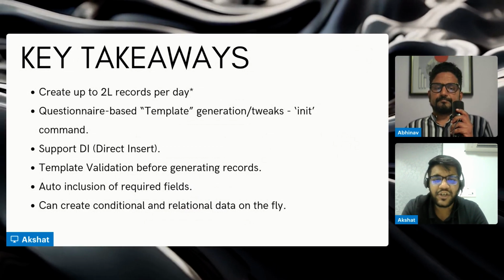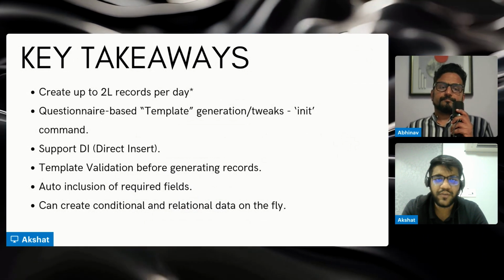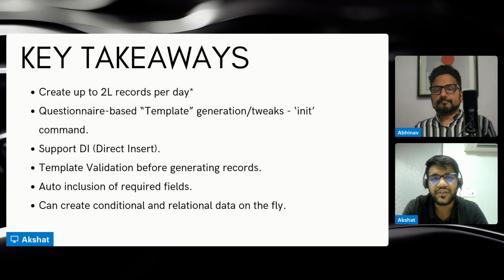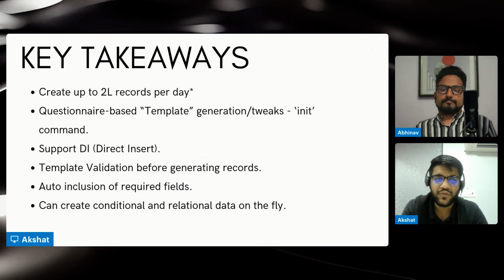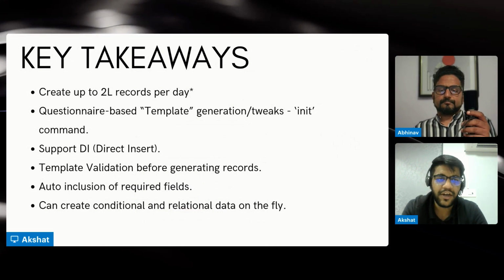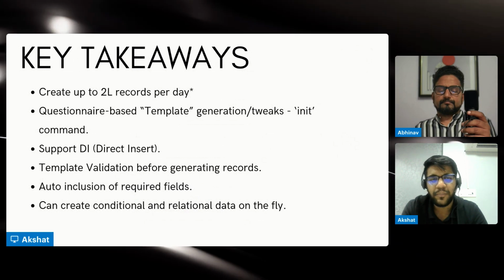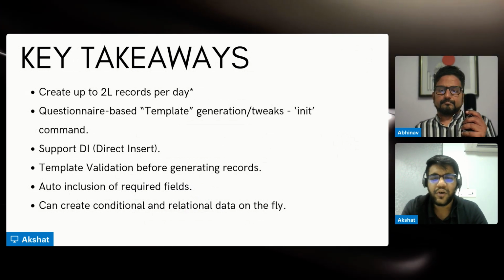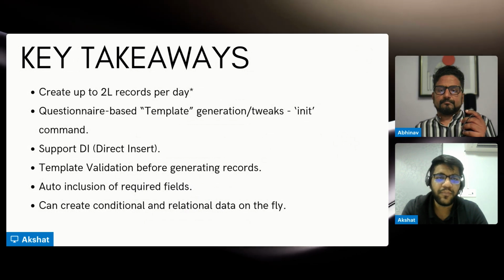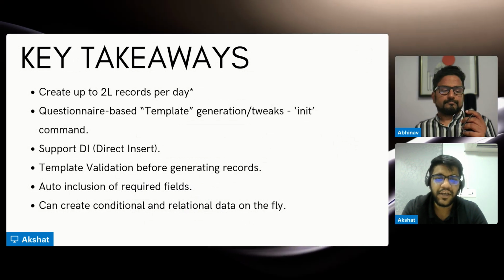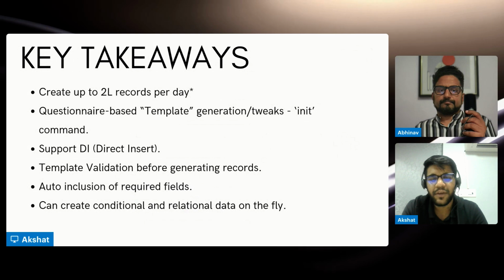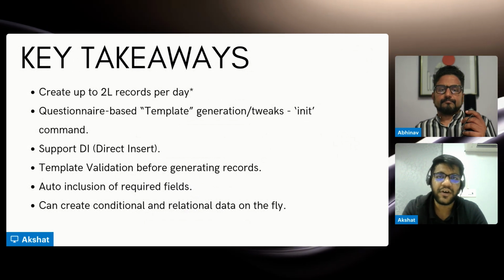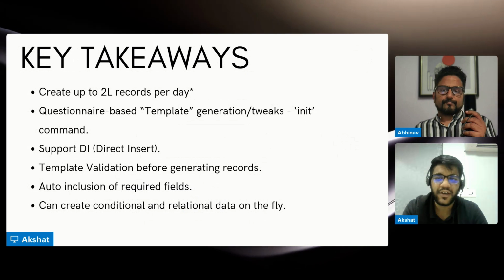Also, the template validation took place, which I showed you when we were generating the data. So it validated all the objects and the fields for which you want to generate the data with your org metadata, as well as the values for the pick list and the dependent pick list which we are entering. And also, you don't need to put required fields separately. Even when I put the pick list fields as false, it would pick up all the required fields which are necessary for generating data here.